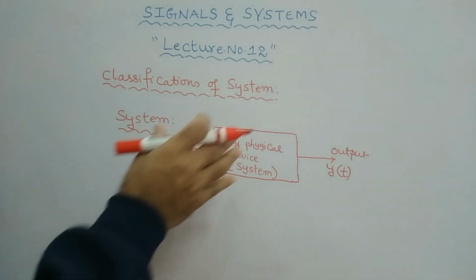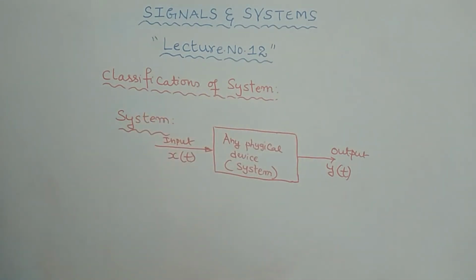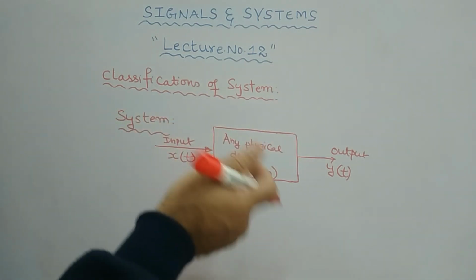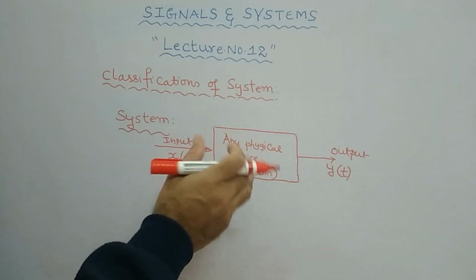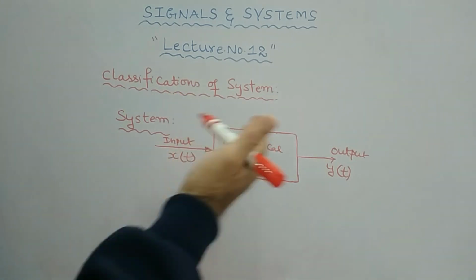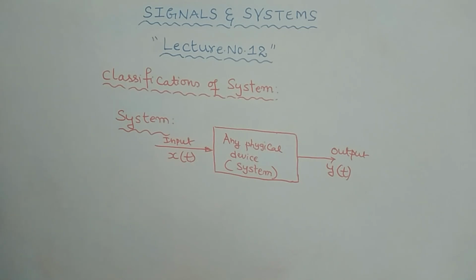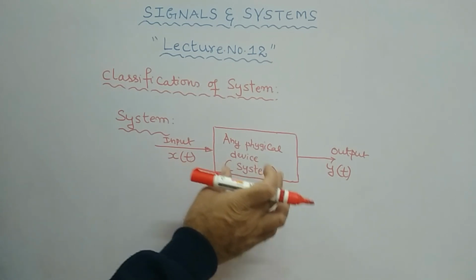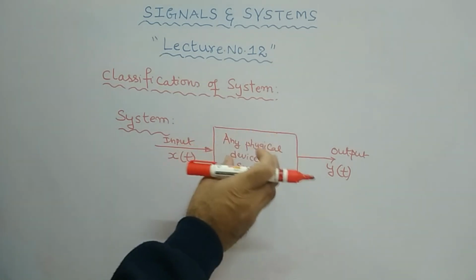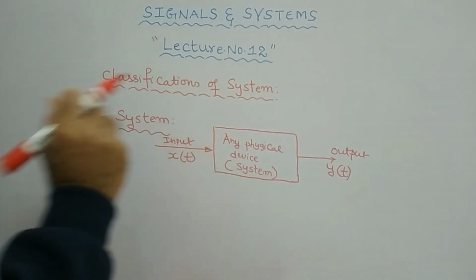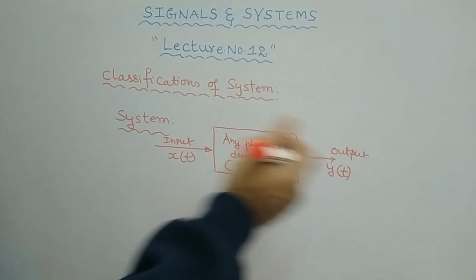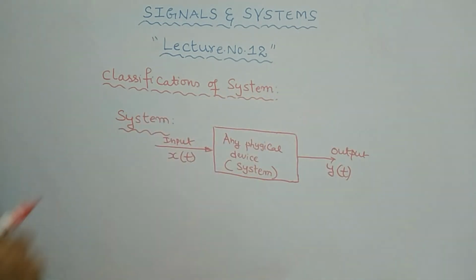All together it is called a system. Depending on the requirement and the application, that particular system will give the desired output. In short, any physical device which performs certain operations on the input in order to get the desired output is called a system.